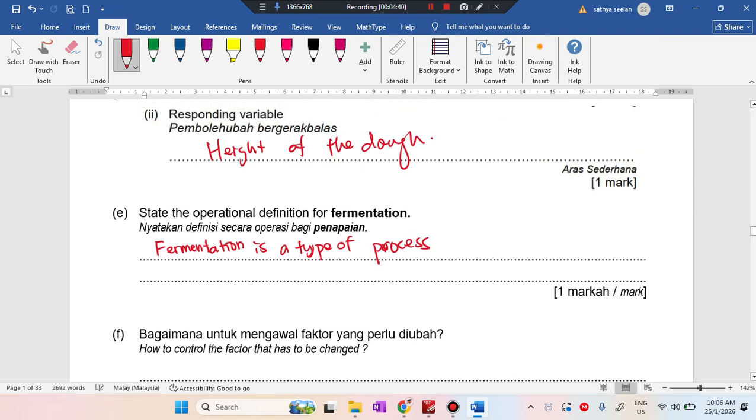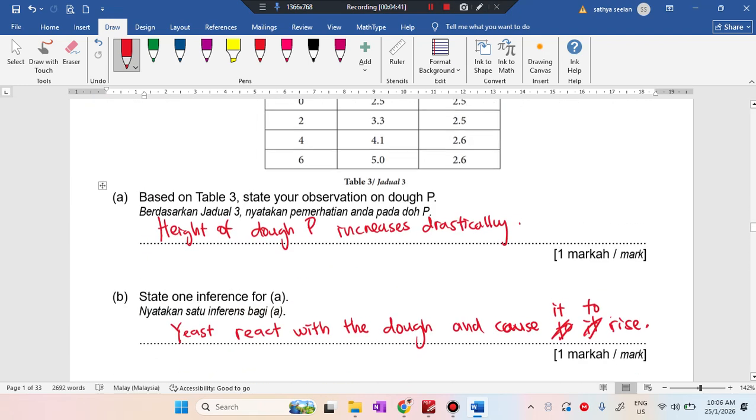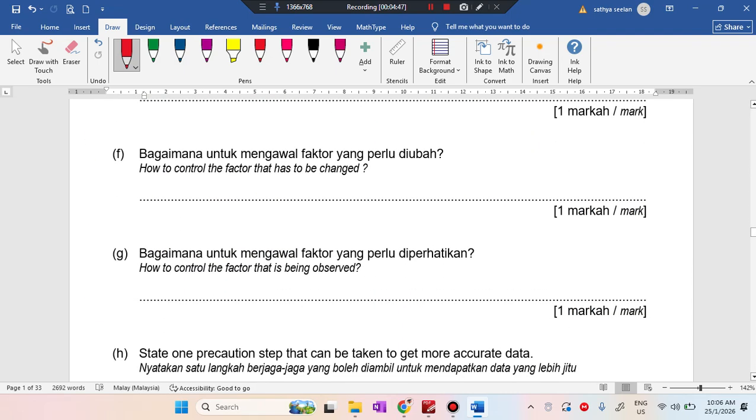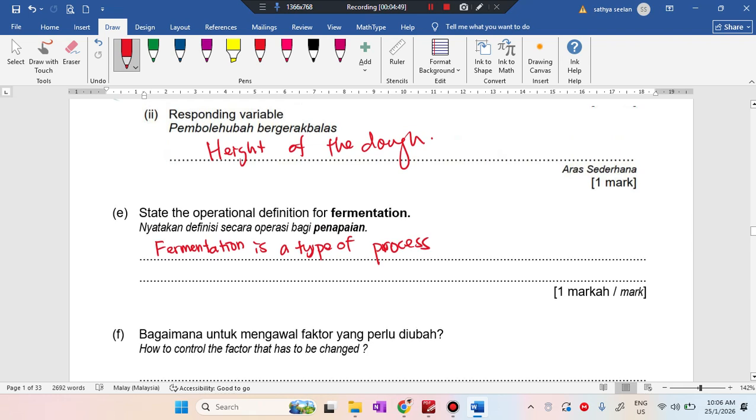It's a type of process that causes, that shows what you observe. What can you observe? Increase in height, right? So that shows, or you can write causes increase in the height of dough when what do you do?